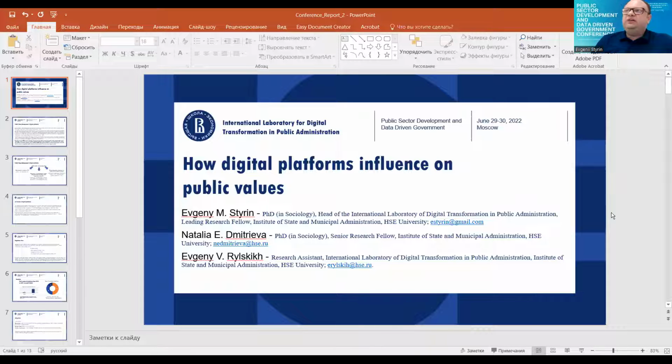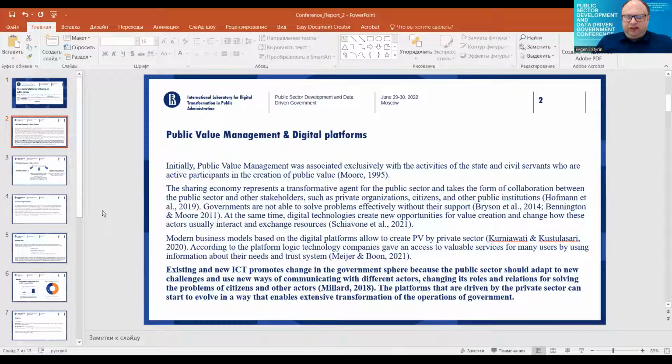So this is not a completely different track. It's not just between private platforms and people, but it also deals with the government and how government can regulate this process. So here is how we think of it.